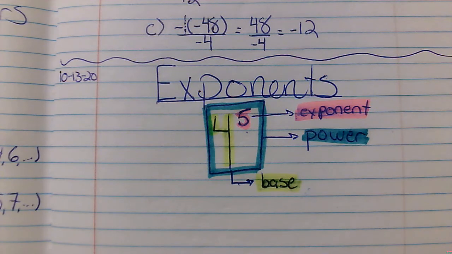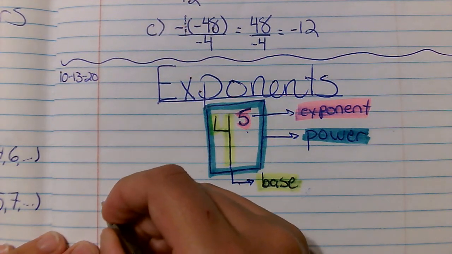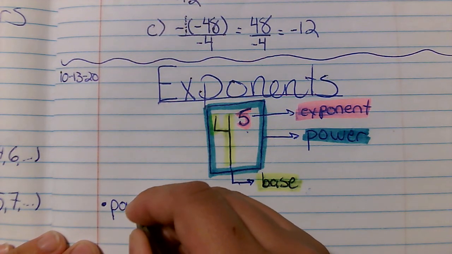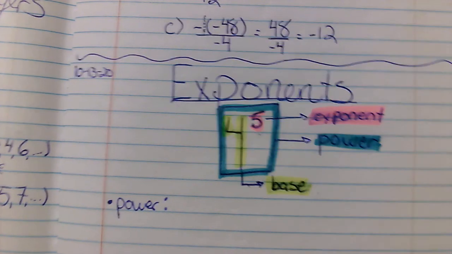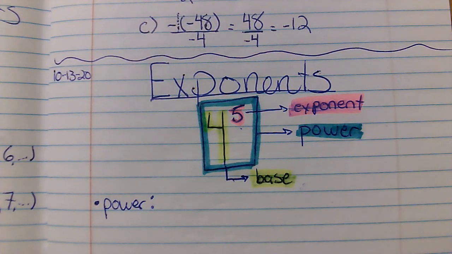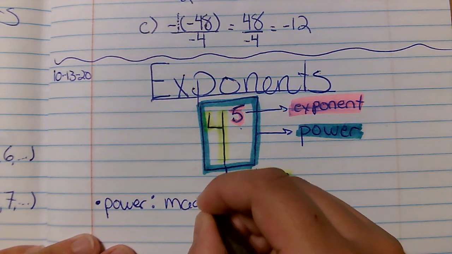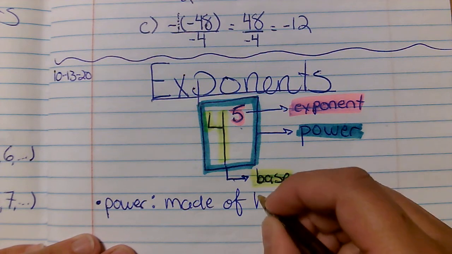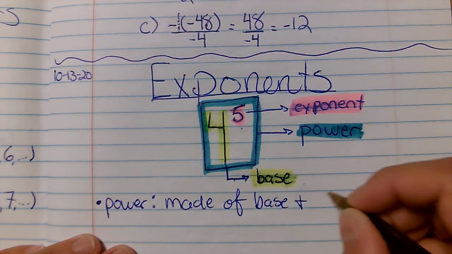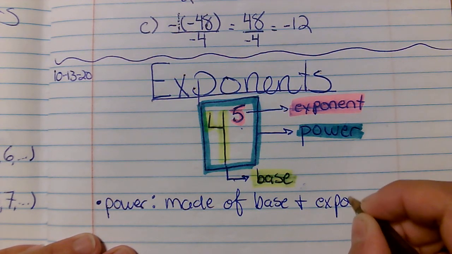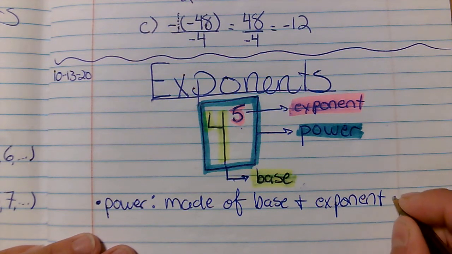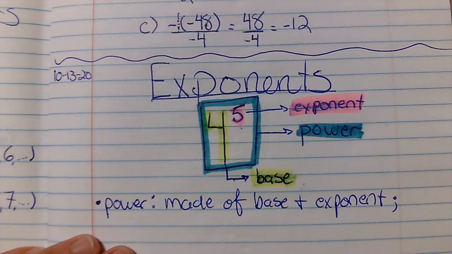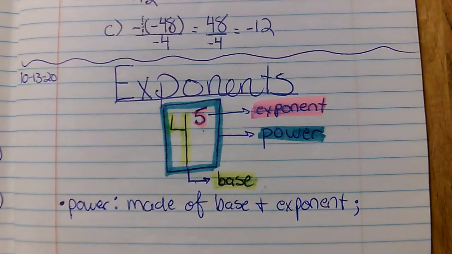And then the next thing we're going to write is the actual definition of what a power is. Remember, a power is the entire thing with both the base and the exponent together. So a power is made of a base and an exponent. I'm going to put a semicolon, and then write this.